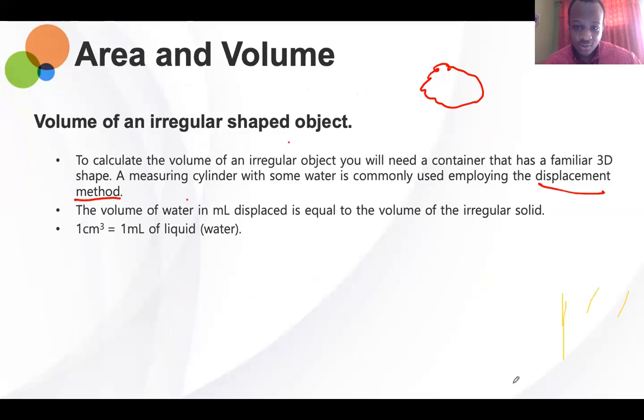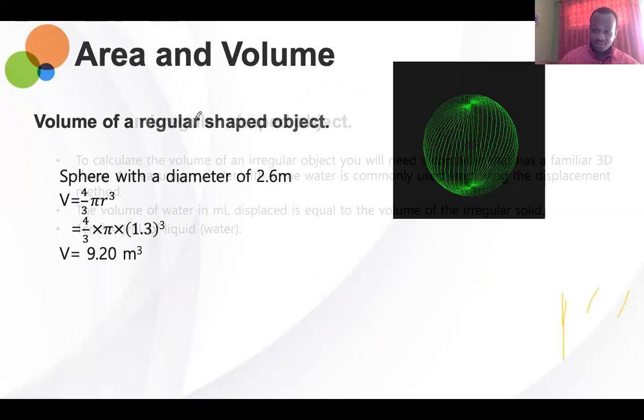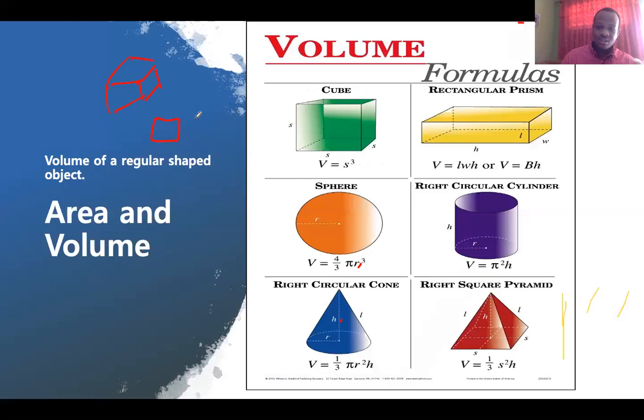Right. All right. So we have the volume of an irregular shaped object. As I was trying to say, we have these objects here, right? These are regular shaped objects. We know these objects, so we're able to identify them. If we see the box over here, well, this is a horribly drawn box, but we can find the volume using this formula.